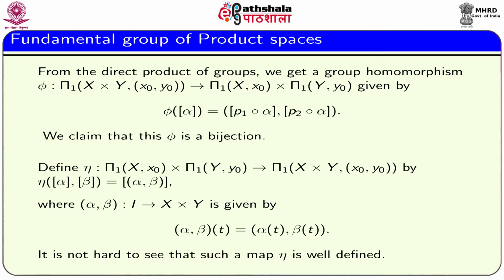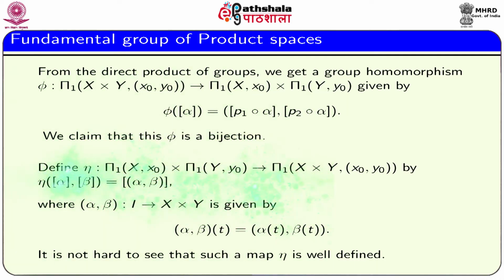We claim that this φ is a bijection. For this to be a bijection, we need to show that there exists another function, call it η, in the reverse direction such that it becomes the inverse of φ.